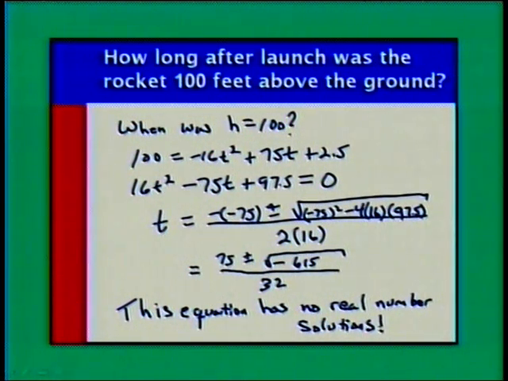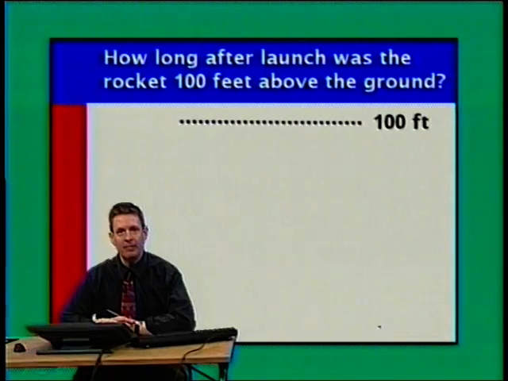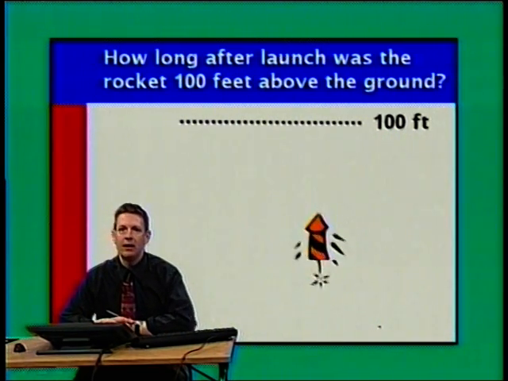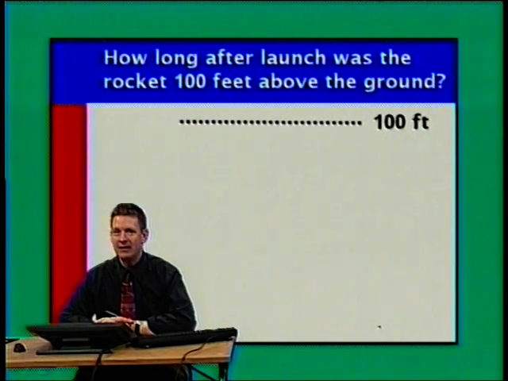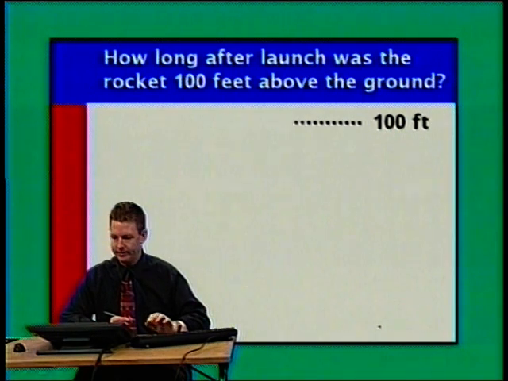Well, does this make sense in the context of the problem? Well, let's again think about this. Timmy fires the rocket from 2.5 feet above the ground. The rocket goes up, and then it comes back down. I bet you I know what it means that this equation has no solution. It means that the rocket never reached the height of 100 feet. So let's go ahead and write that as our conclusion.